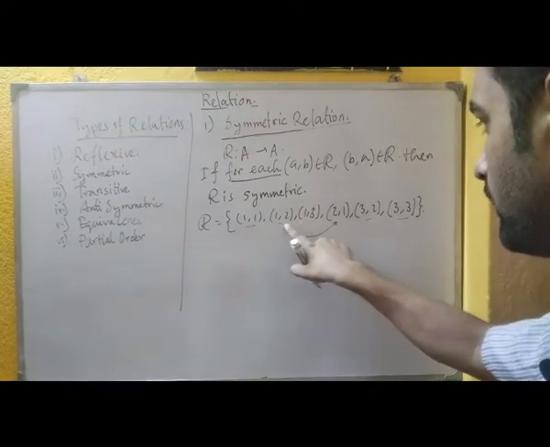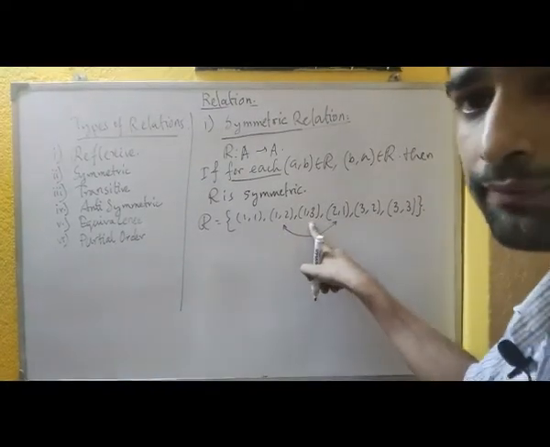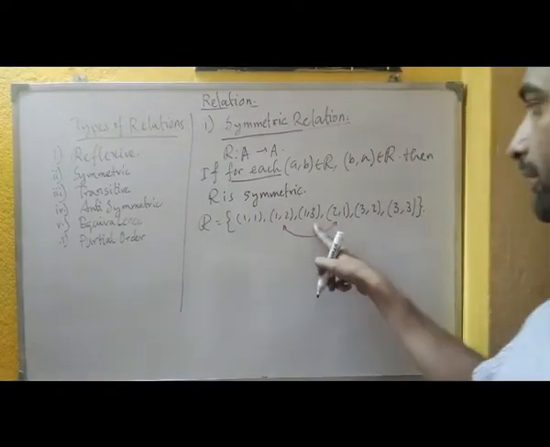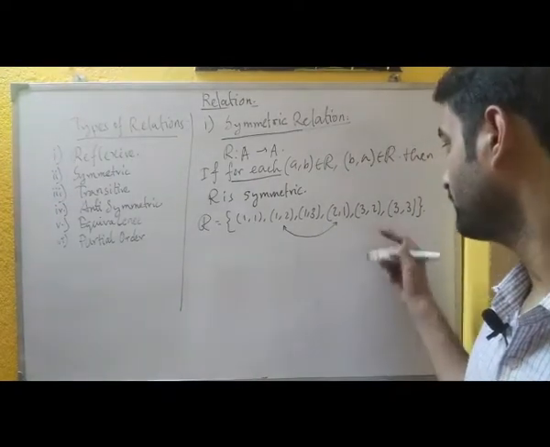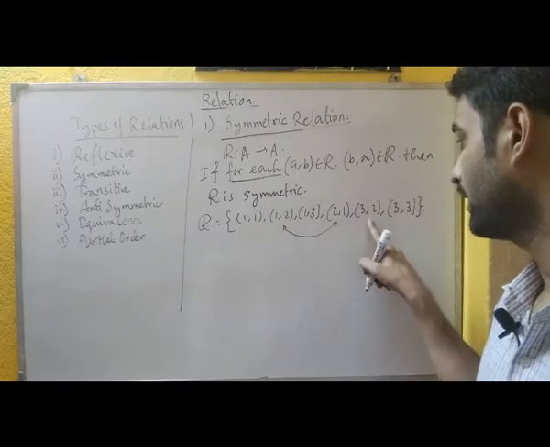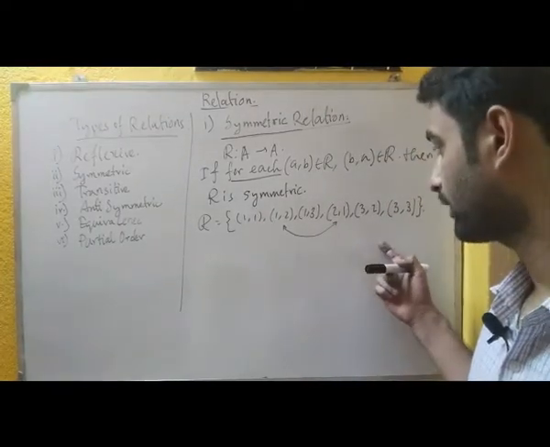So this is okay. But what is the case for the element (1,3)? For this element, the element (3,1) should be in the set, but it is not. And similarly, for the element (3,2), the element (2,3) should be in the set, but again it is not.